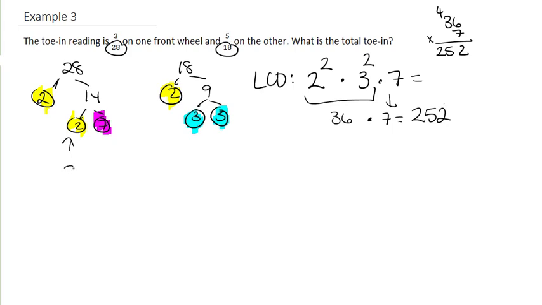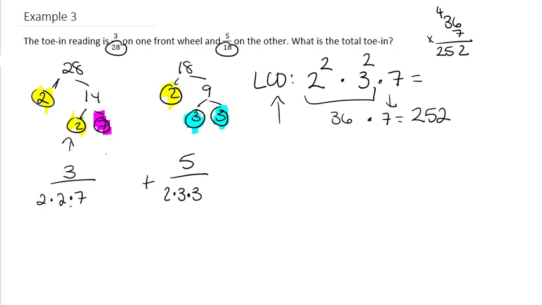So now we have 3 over 28, which can be broken down to 2 times 2 times 7, plus, now we have 5 over 18, which is 2 times 3 times 3. Now, what we need to do then is multiply each term by its missing factors of the least common denominator.